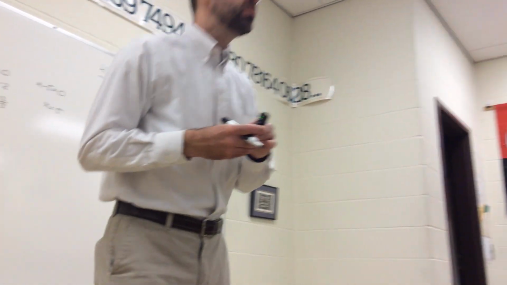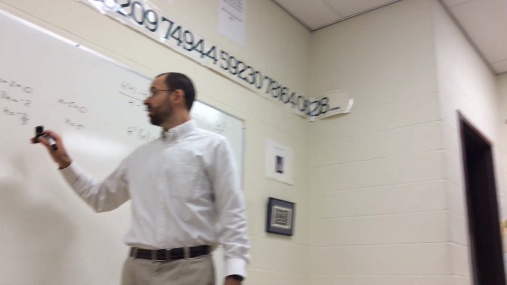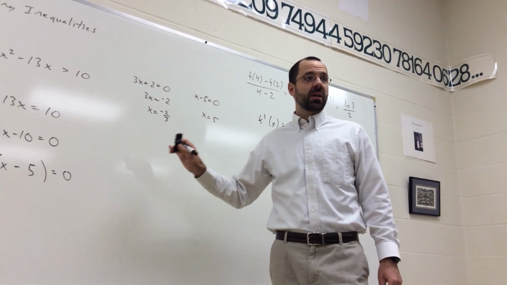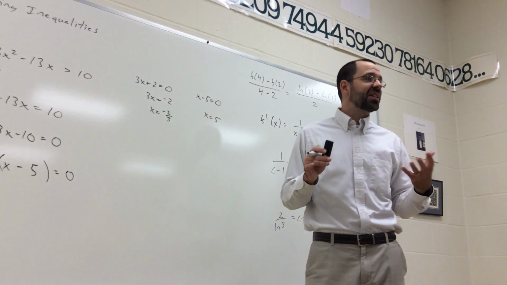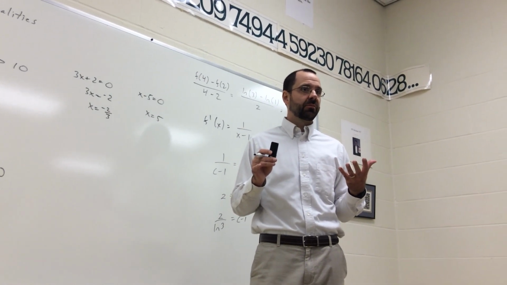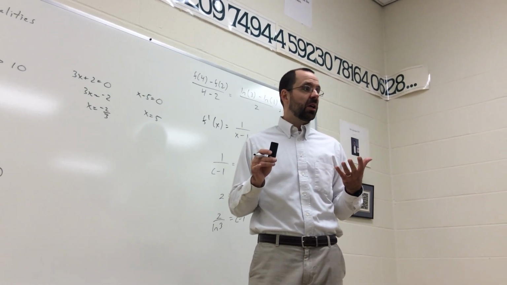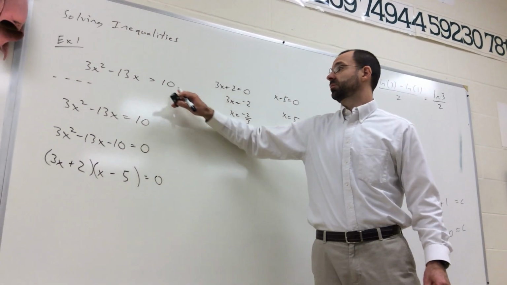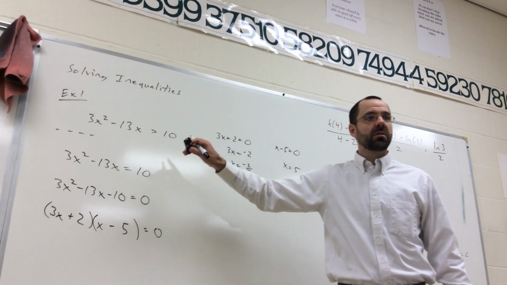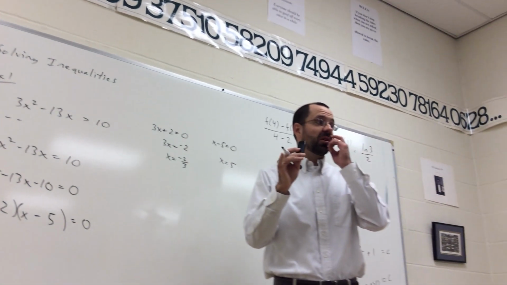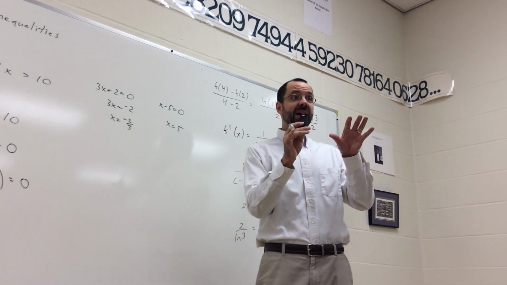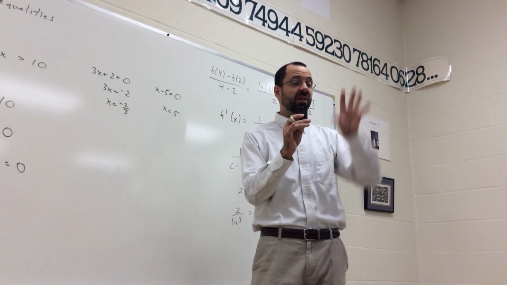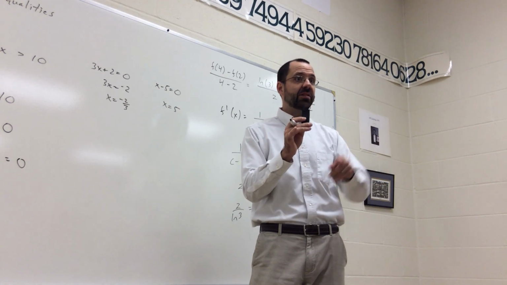Okay, so the reason we found where it equaled 0 is because those are the possible switching places. If I want to know when it's bigger than 0, if I move the 10 over, right? If I want to know when it's bigger than 0, it might switch from bigger than 0 to less than 0 when it hits 0.